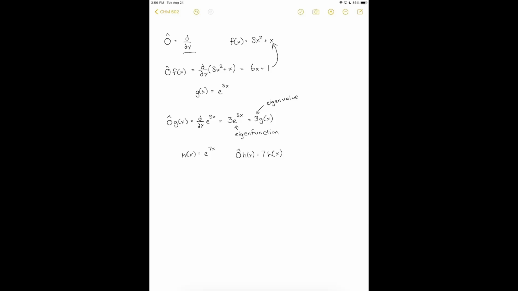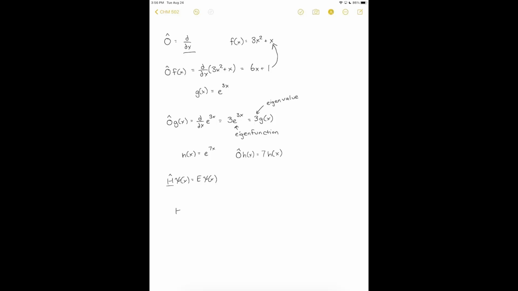For example, we saw this before. I'll go ahead and write this out now. Our Schrödinger equation can be rewritten in the following form. We can write it as H psi of x equals E psi of x, where H is our operator and E that we get out is our energy.